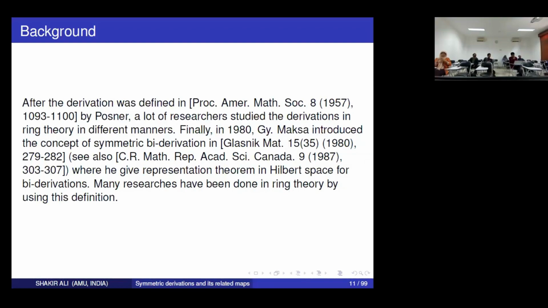The idea of symmetric derivation came after the work of Posner, who did a very fundamental and scholarly result that was published in the year 1957. And this paper was the first pioneer paper in this direction, because before there was no work with derivation on algebras.